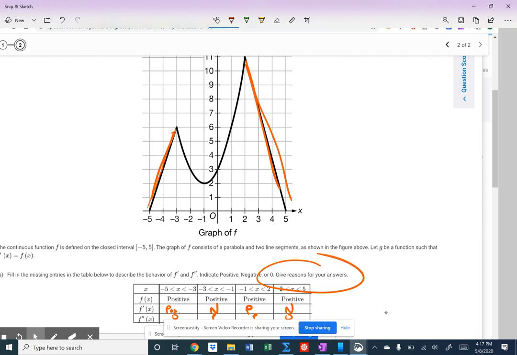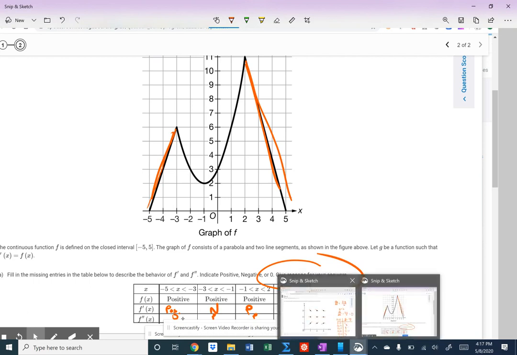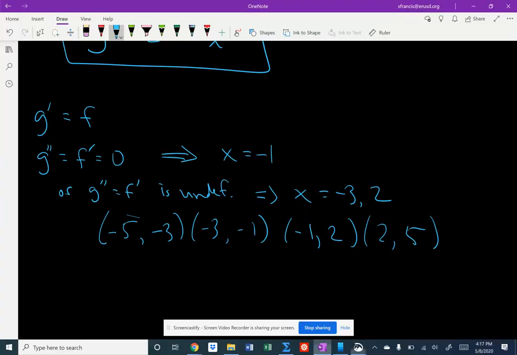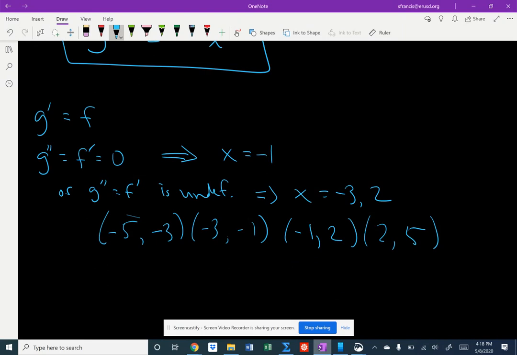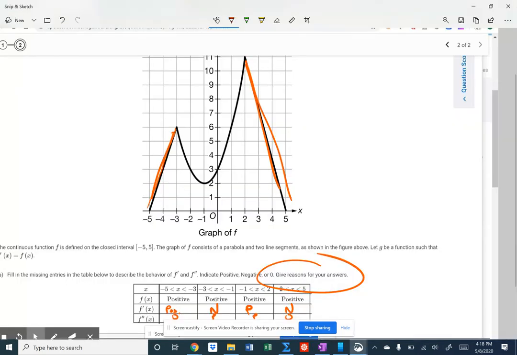From -5 to -3, we have that f' is positive. From -3 to -1, we just got positive, negative. So we can see right there that the signs are changing for f', g'', and so we have points of inflection at those values.